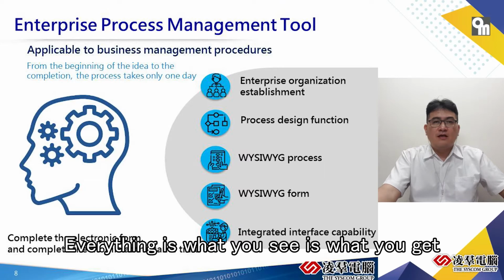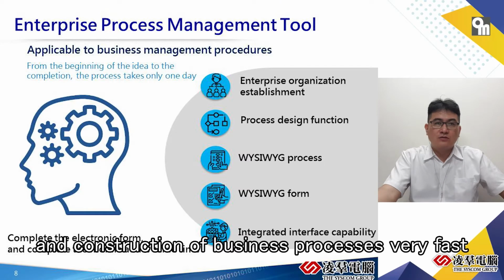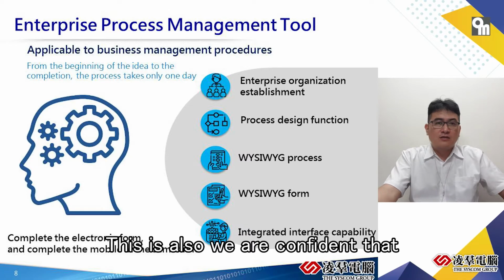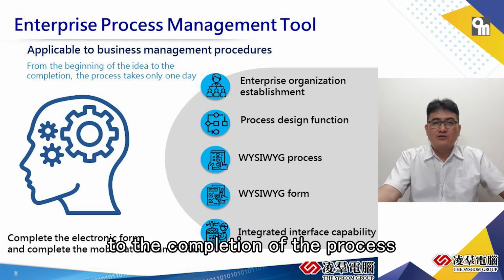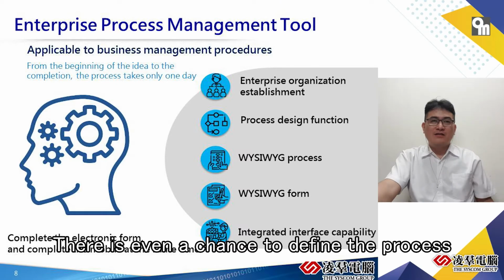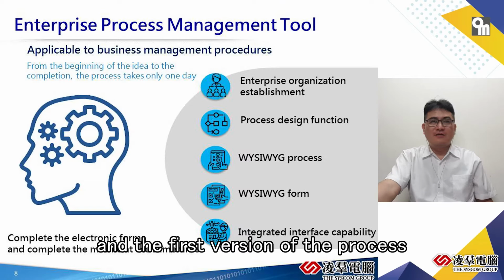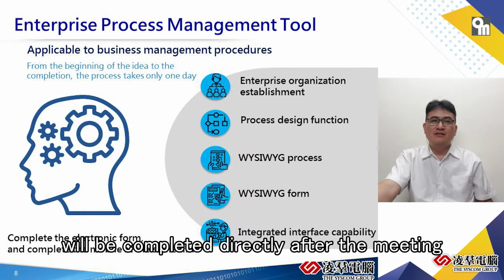Everything you see is what you get, which makes the change and construction of business processes very fast. This is why we are so confident and say it only takes a day from the beginning of an idea to the completion of a process. There's even a chance to define the process while having a meeting, and the first version of the process will be completed directly after the meeting.